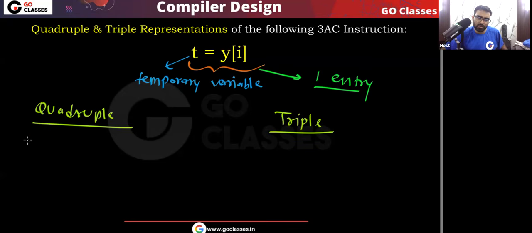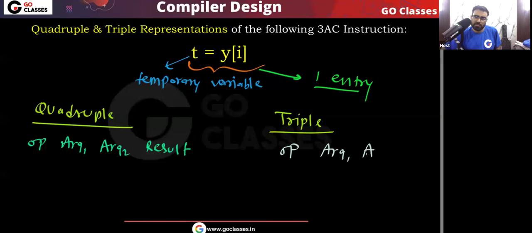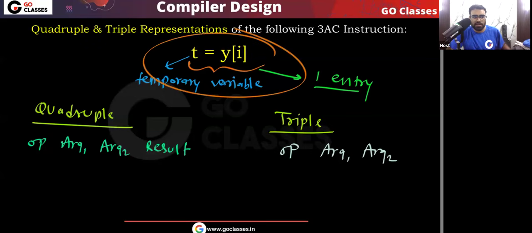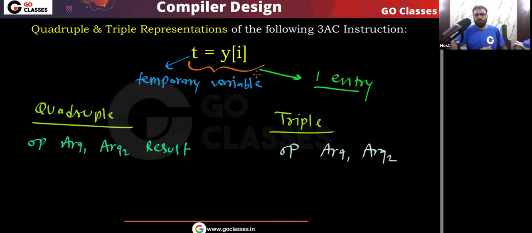Quadruple representation has 4 fields: operator, argument 1, argument 2, and result. And triple representation has 3 fields: operator, argument 1, argument 2. So let's see. Here you can notice, in the temporary variable t, we are putting the value at the location y plus I. So which operator?